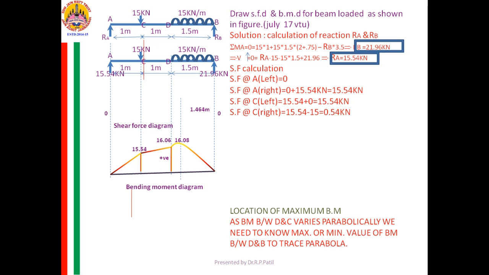Right is up means left is down. Therefore, it will be minus 21.96. Therefore, final answer will be 15 into 1.5 minus 21.96. If you are having the calculator, tell me the answer.